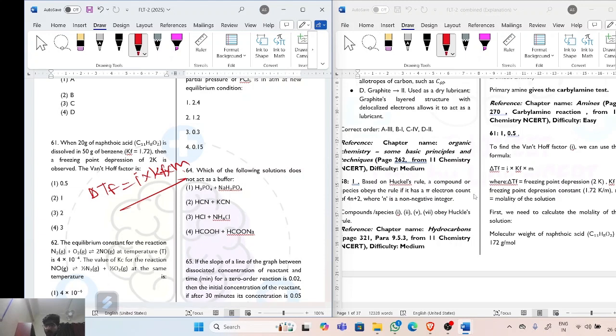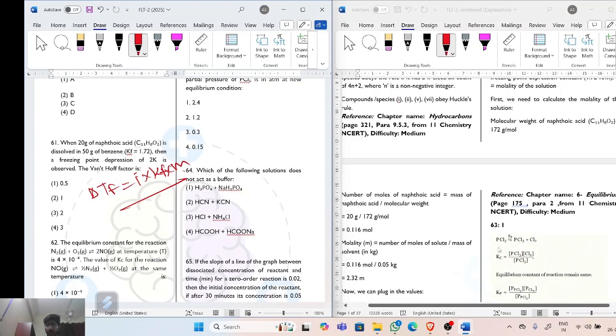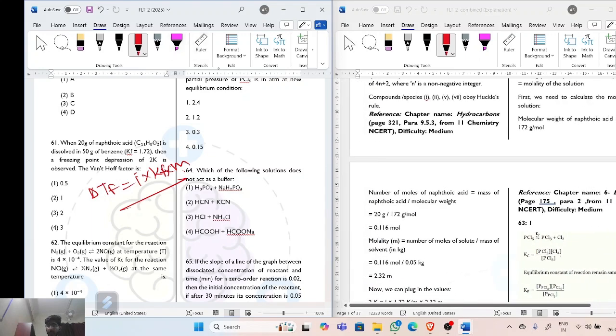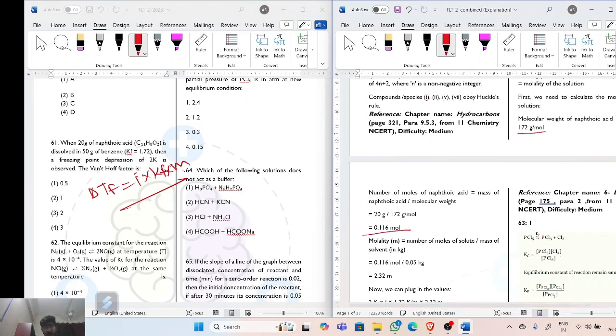First of all, we are calculating the molecular weight. The molecular weight will be 172 gram for the given acid. Now we have to calculate the number of moles, and with it we find the molality.